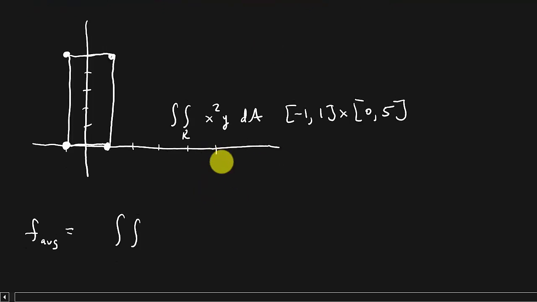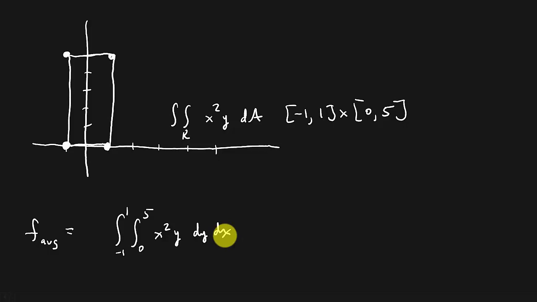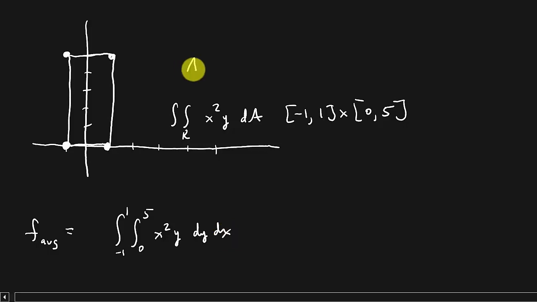All right, so let's integrate with respect to y first. Okay, that's fine. So the y is going to go here, there's the x, and so that's going to be x squared y dy dx. And if you wanted to, you can integrate with respect to x first. Doesn't matter.